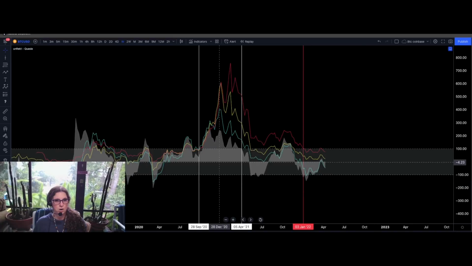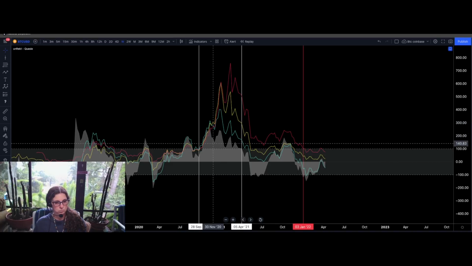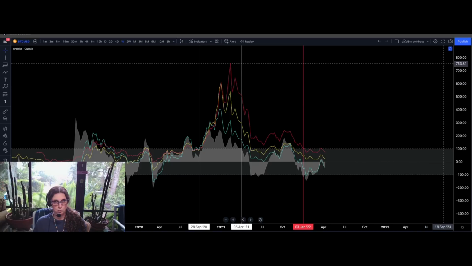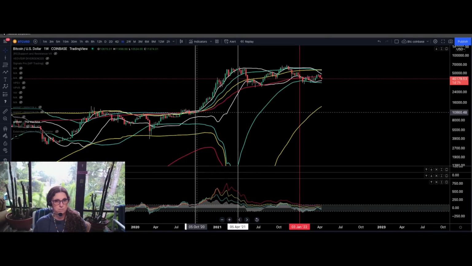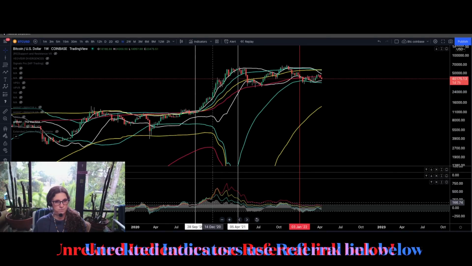When they are out the top, whatever color it is, when in this case it was all of them, price cannot close a candle below. So as you can see, the white and all the other colors were out, and price never closed a candle below white because it was out the top. It can wick through, but it cannot close a candle as long as these are out the top of the cage.